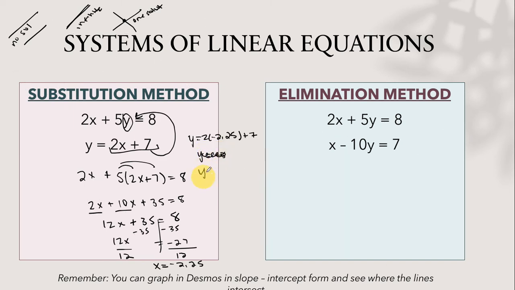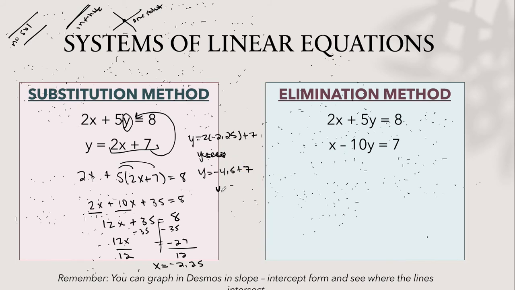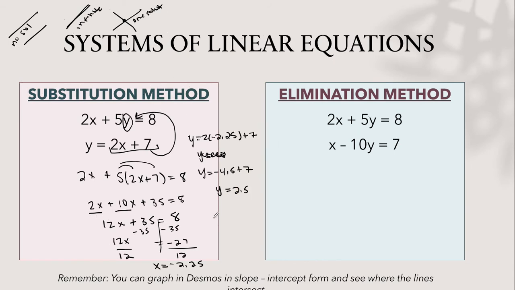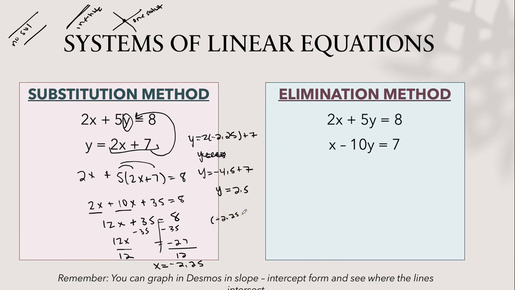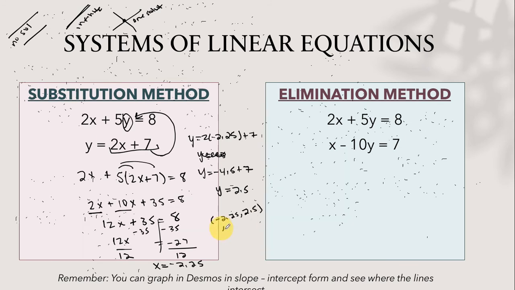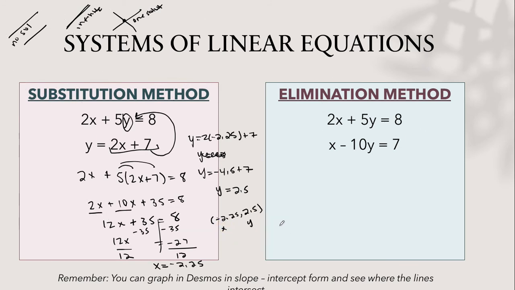So that'll give me y equals negative 4.5 plus 7. Add 7, giving me 2.5. So the point where it crosses is negative 2.25, 2.5. The x and the y value. Down here is just a reminder that you can do this in Desmos only if they're both in slope-intercept form. So you could change this one to slope-intercept form, graph it, and see where it crosses as well.